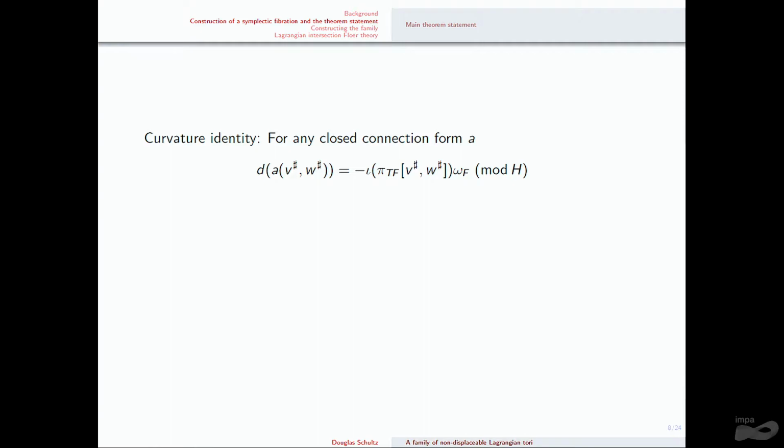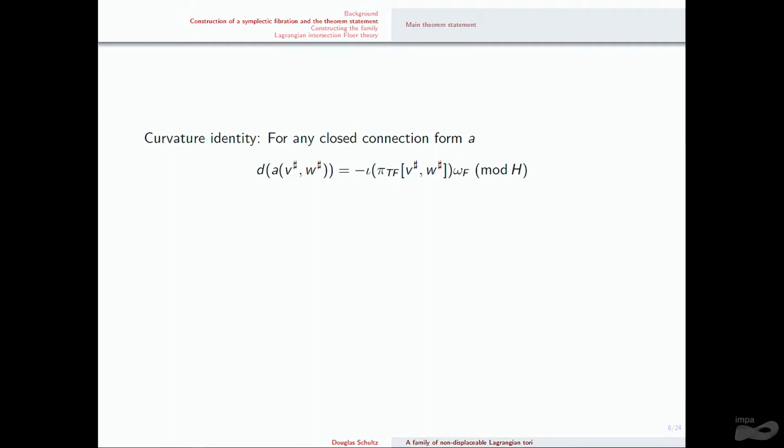Okay, so this is mod H, where insertion of a vertical vector here is the same as insertion over here. This is true for any connection form that's closed and generates the connection. So that tells you that the Hamiltonian for the curvature vector is this guy.